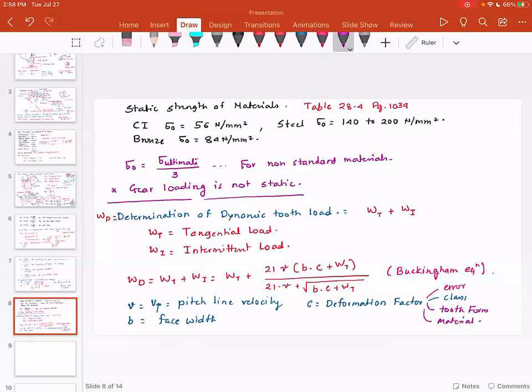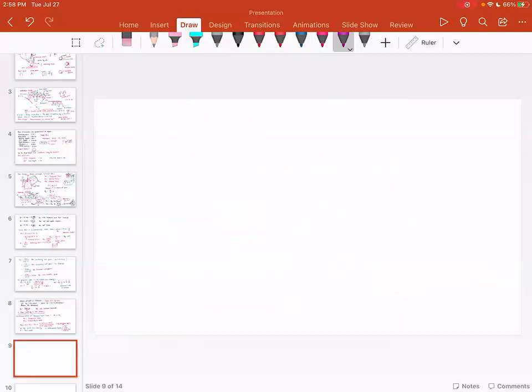If you look at table 28.5, which is on page 1040, you will notice different deformation factors are given for different pairs of material.